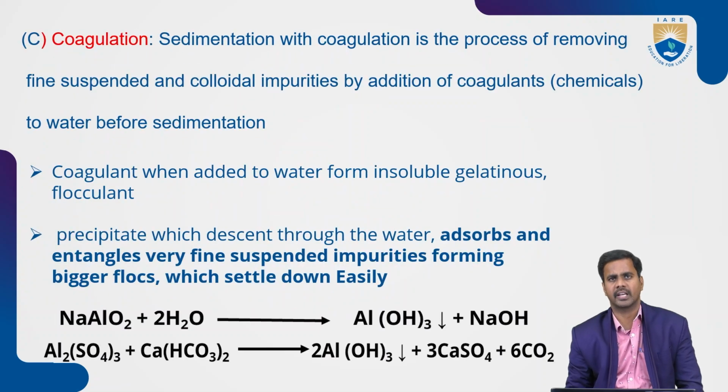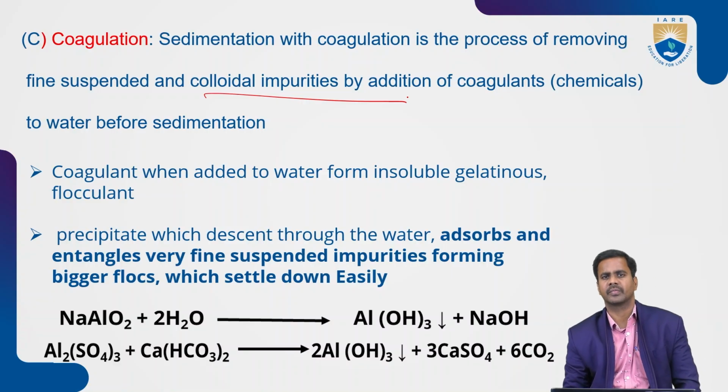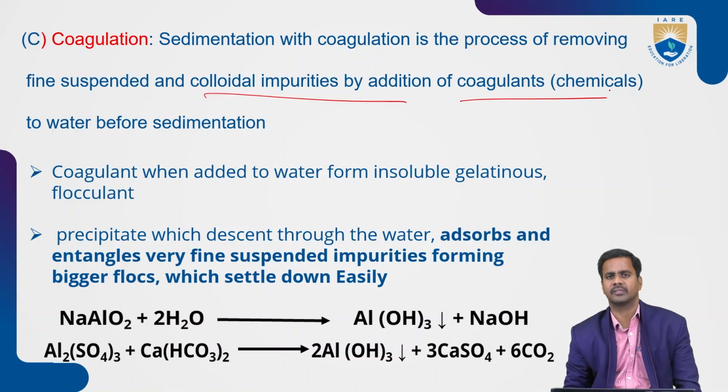Next one, coagulation. Sedimentation with coagulation is the process of removing fine suspended and colloidal impurities by the addition of coagulants. Here coagulants are different types of chemicals we add to the water.